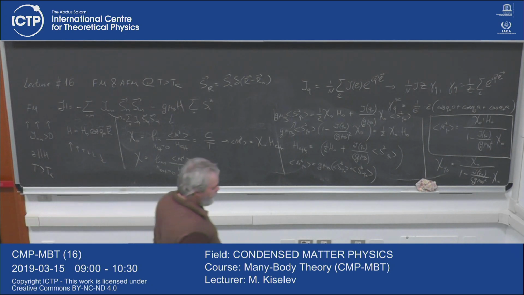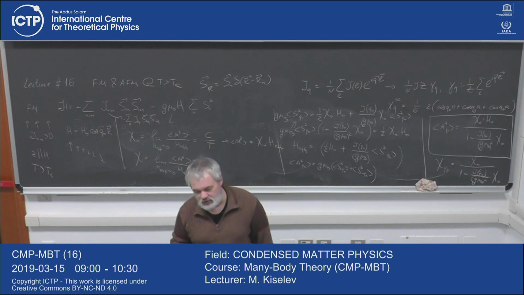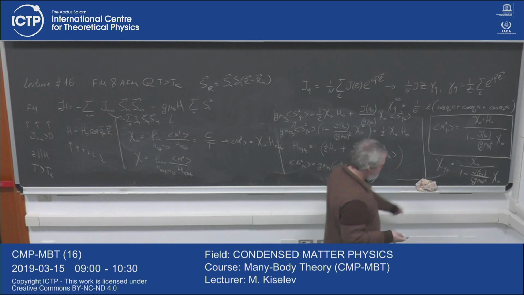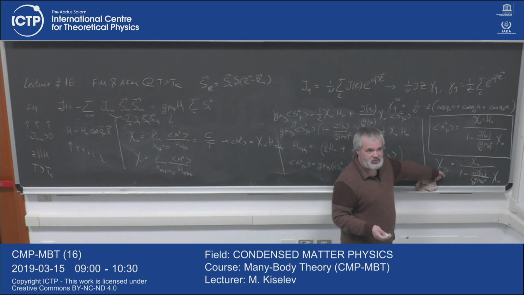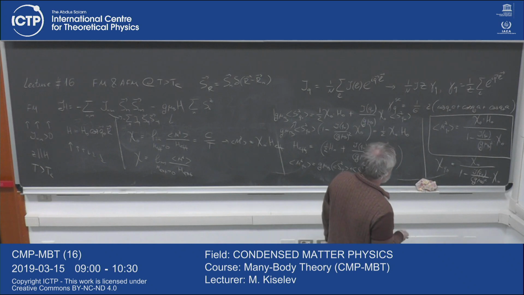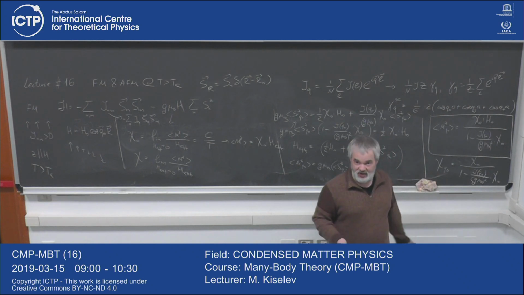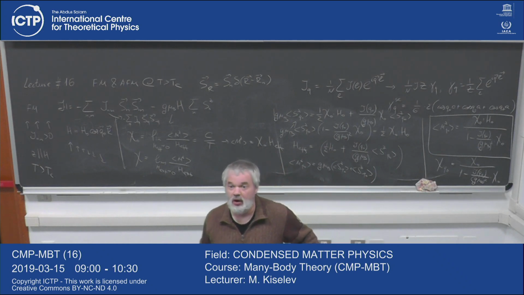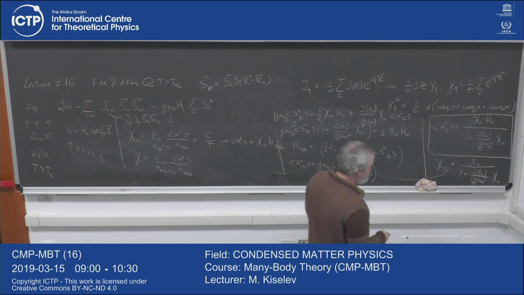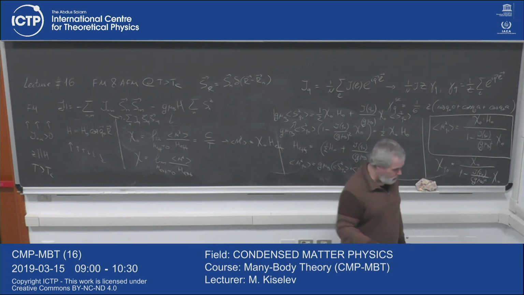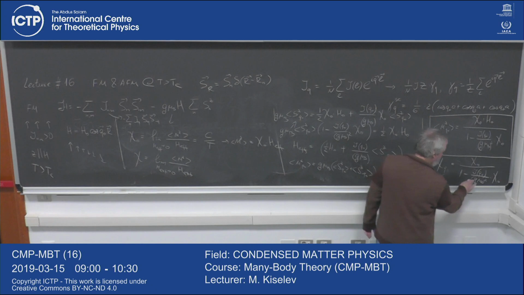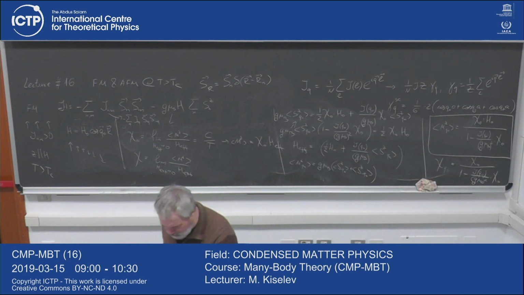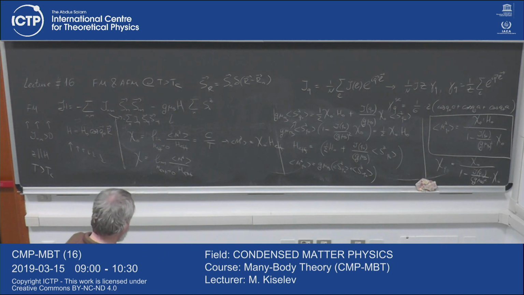But the only difference between that phenomenological treatment, which I have done assuming that I was dealing with uniform magnetization, is that here I compute susceptibility which depends on arbitrary vector q node, because I took a response for a particular harmonic of the periodic field, and since I can take this response for any harmonic, I will remove the index node here. So I computed susceptibility for given vector q.